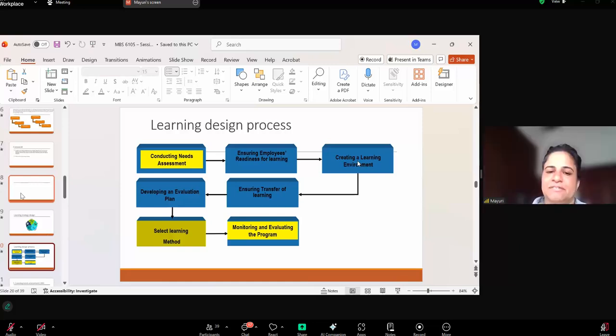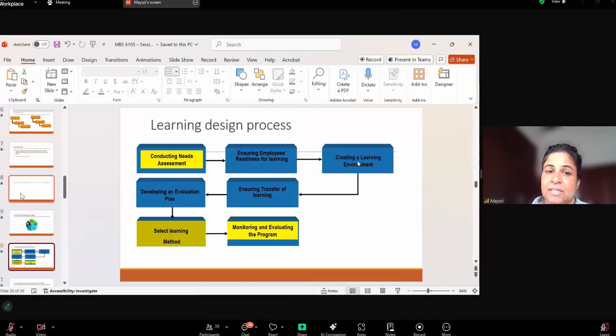Out of 7, I have highlighted some in yellow. How many? 3. Right? And why have I highlighted them in yellow? These 3 are the most critical, and definitely these highlighted 3 steps will come for your examination, and I will discuss them thoroughly. The other 4 steps I might cover on the surface, not in depth.